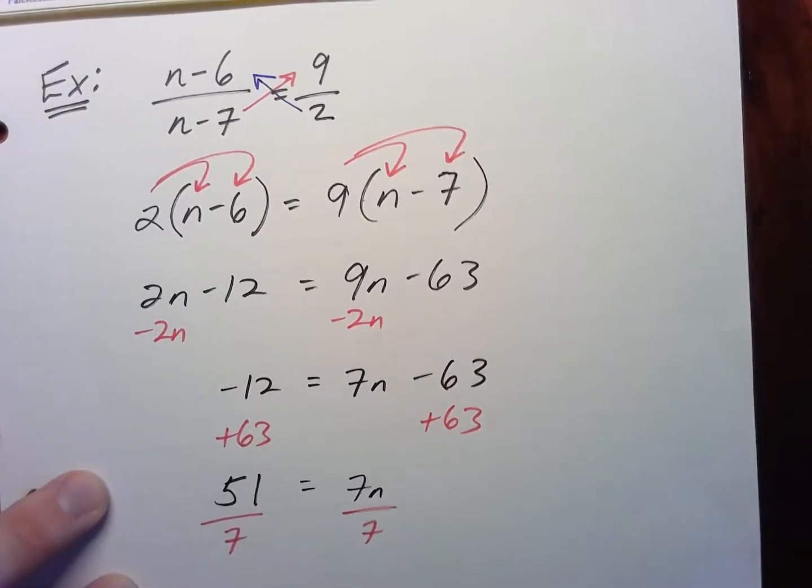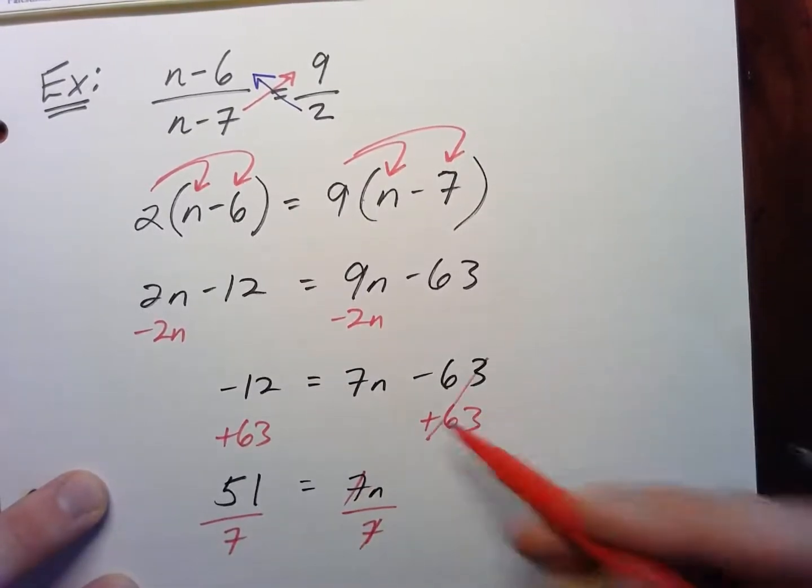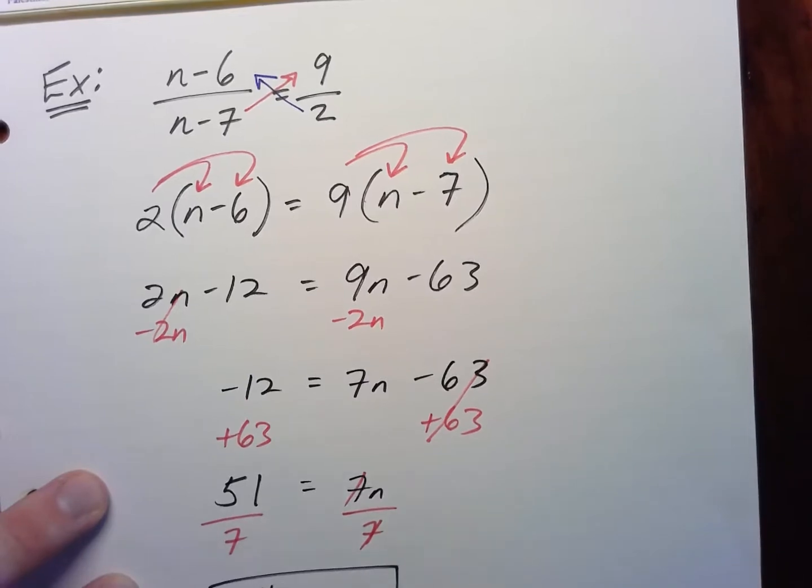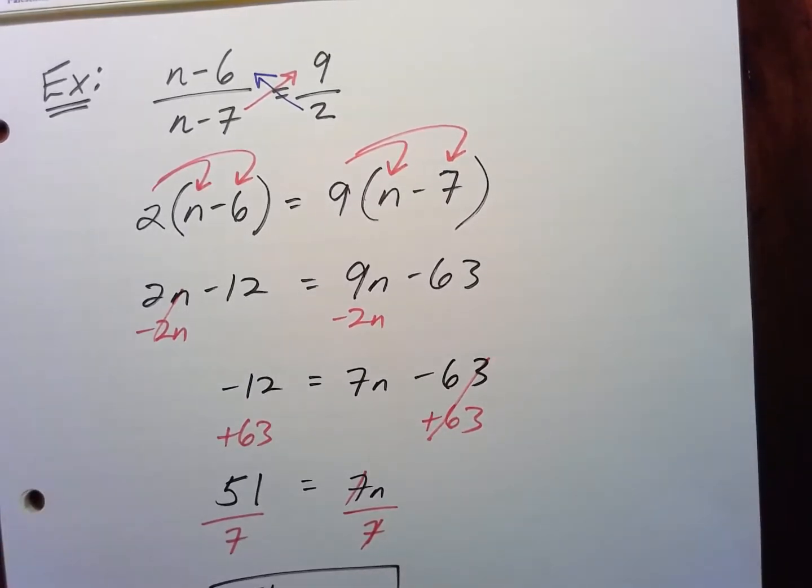So n, because these now cancel, and those cancel, and those cancel. Okay, and so this is 51 sevenths, and there is my answer.